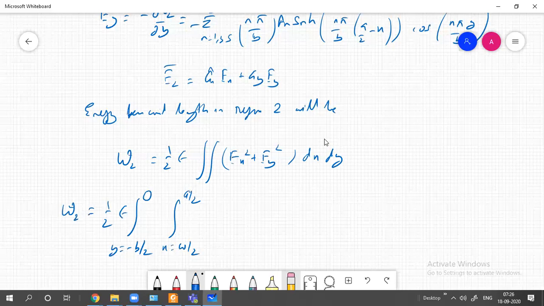In region x from w by 2 to a by 2, we will have summations.